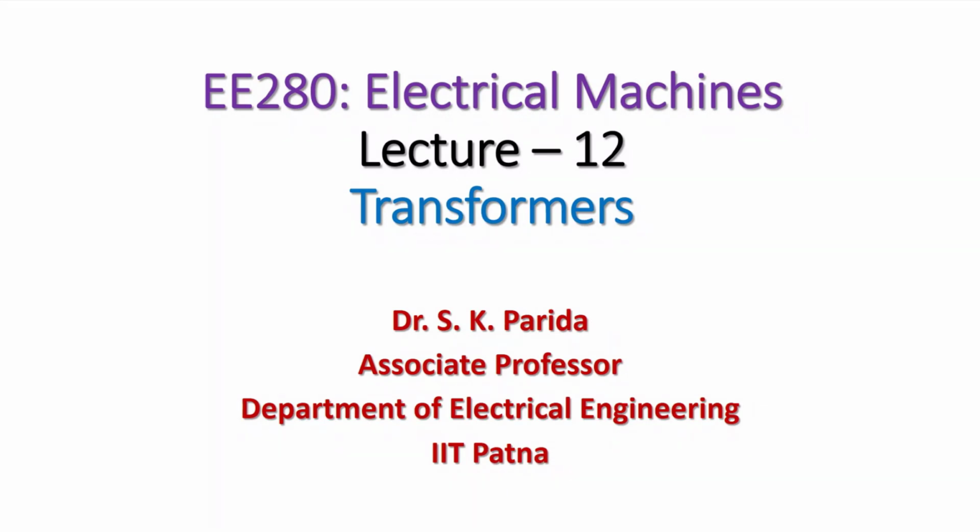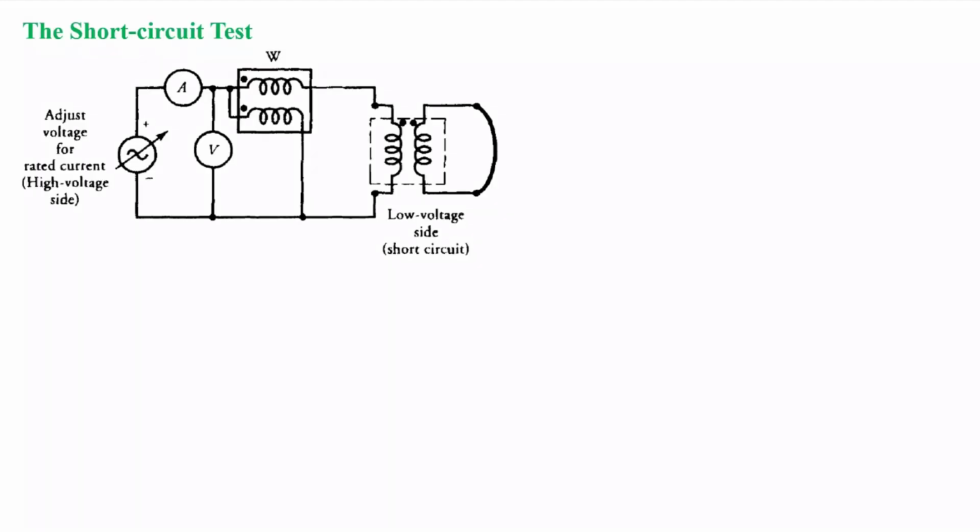So we saw that through experimental methods like the open circuit test and the short circuit test, we can find the parameters of the transformer. We are discussing the short circuit test, and we already talked about how the high voltage side is connected to the equipment and how to take the measurements with the rated current.